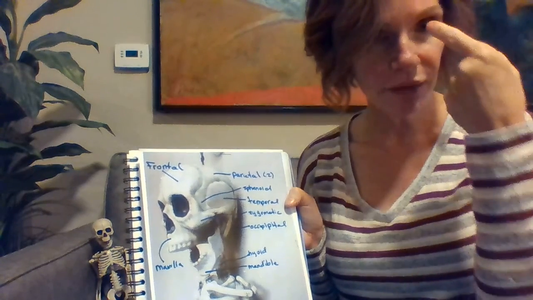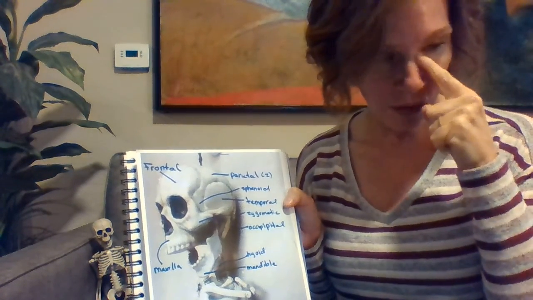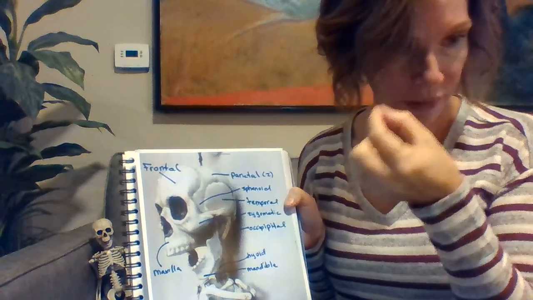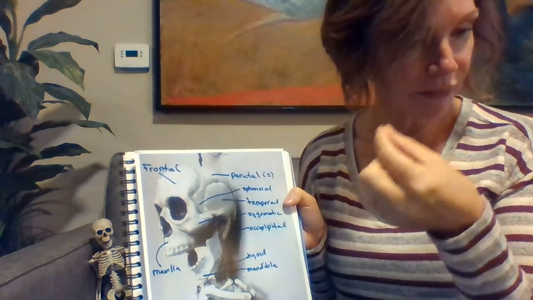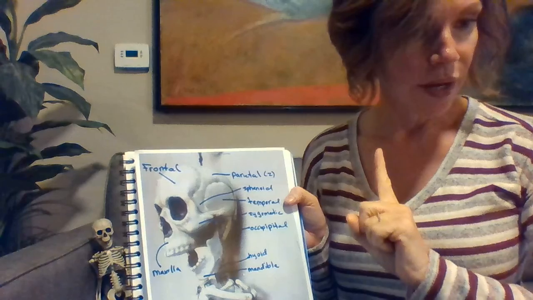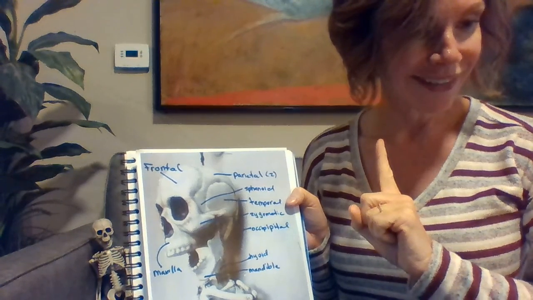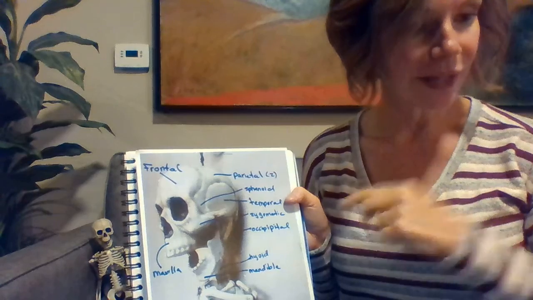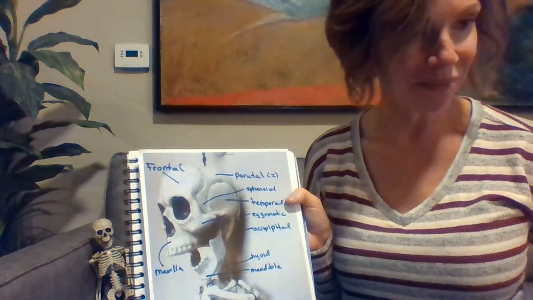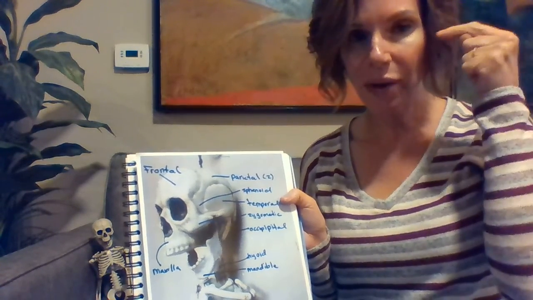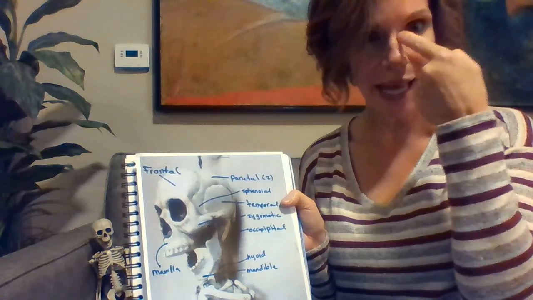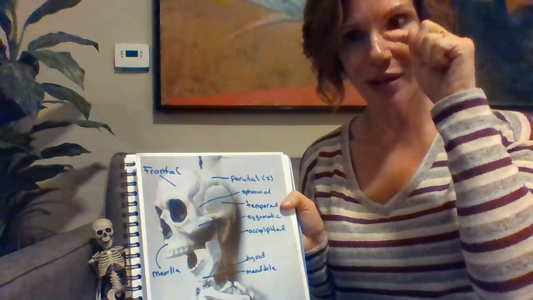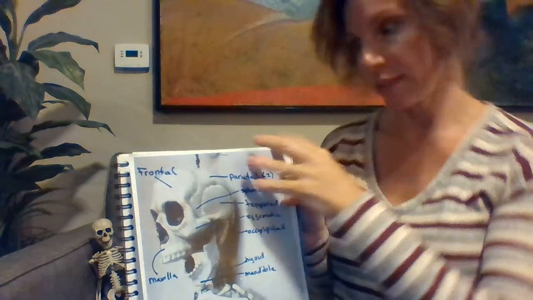And then over toward the center of the orbital socket is going to be your, oh my goodness, I just went blank, your lacrimal bone. I always remember it because it's S-E-L and then L-E-S, and that's how I remember the bone structure in the orbital socket.